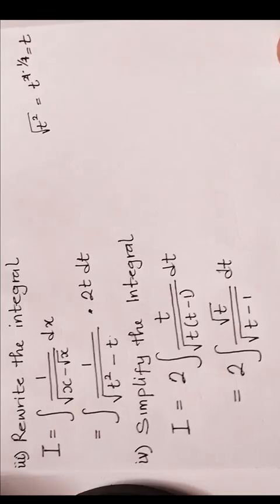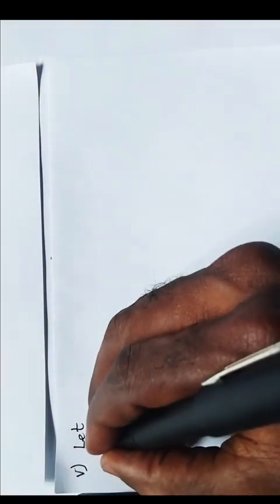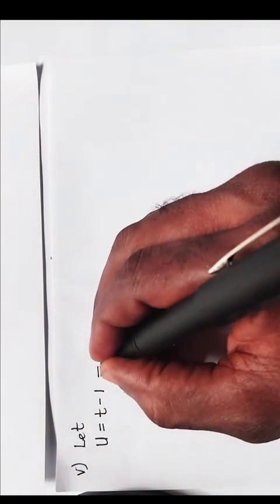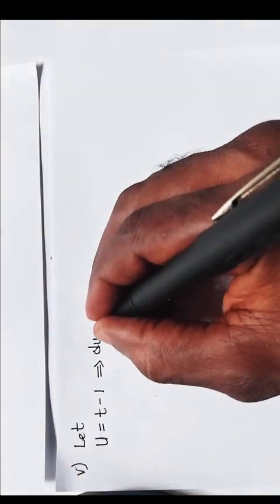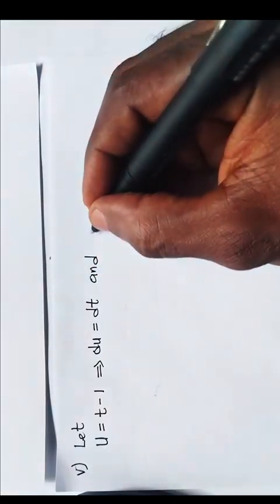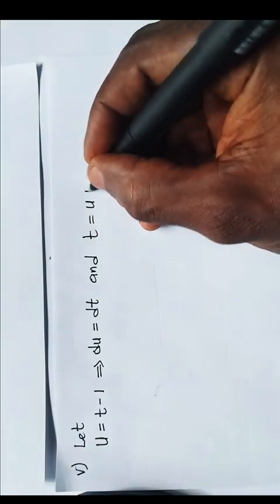Now, from what we have here, on our fifth item, we say let u be equal to t minus 1, which implies that du is equal to dt, and t is equal to u plus 1.